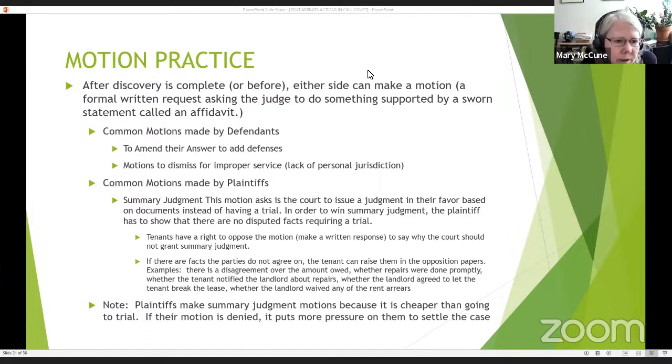So common motions made by defendants, the people who have been sued, are to amend their answer, which means to just add on additional defenses or counterclaims, or motions to dismiss, which are most often for improper service. I think I said before, if someone isn't served as required by law, the court lacks the legal authority to do anything on the case.